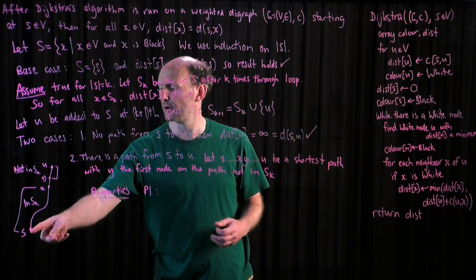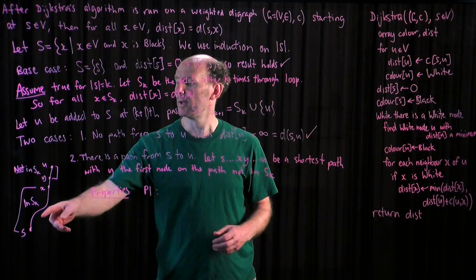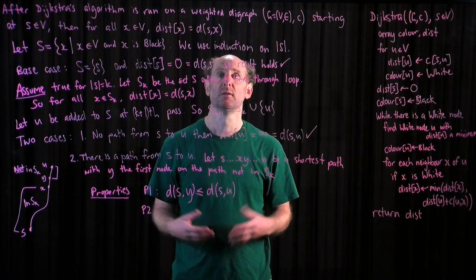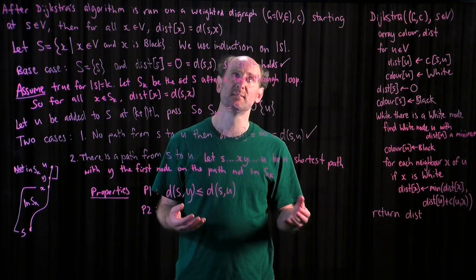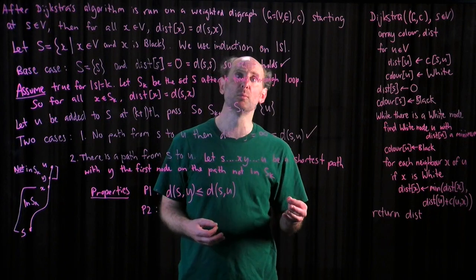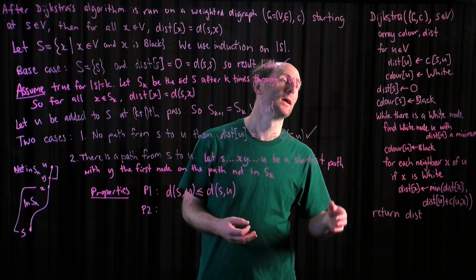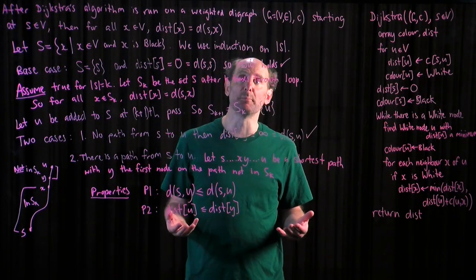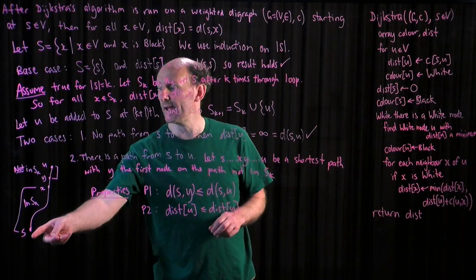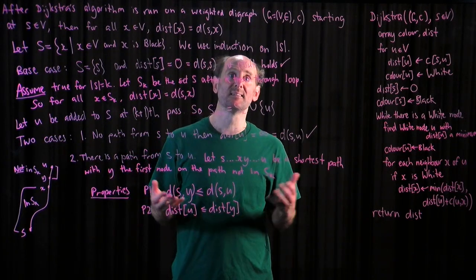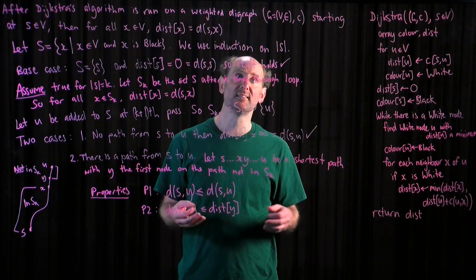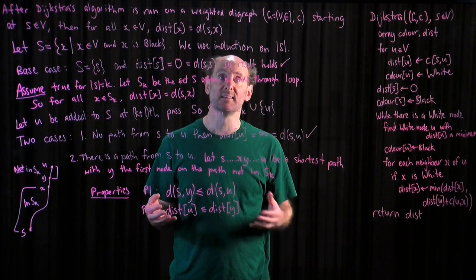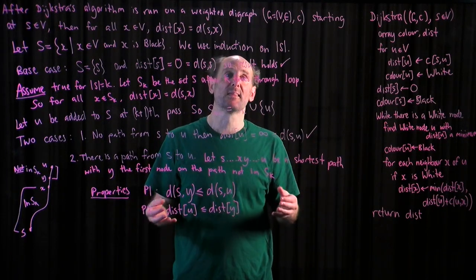So the distance from S to Y is less than or equal to the distance from S to U. Secondly, we have dist U is less than or equal to dist Y, since U was the node chosen at the last iteration and not Y. Thirdly, we have the relatively obvious property that the distance from S to U is less than or equal to dist U. And that's a property that always holds, since dist U is the length of some path from S to U, and the distance from S to U is the length of the shortest path.